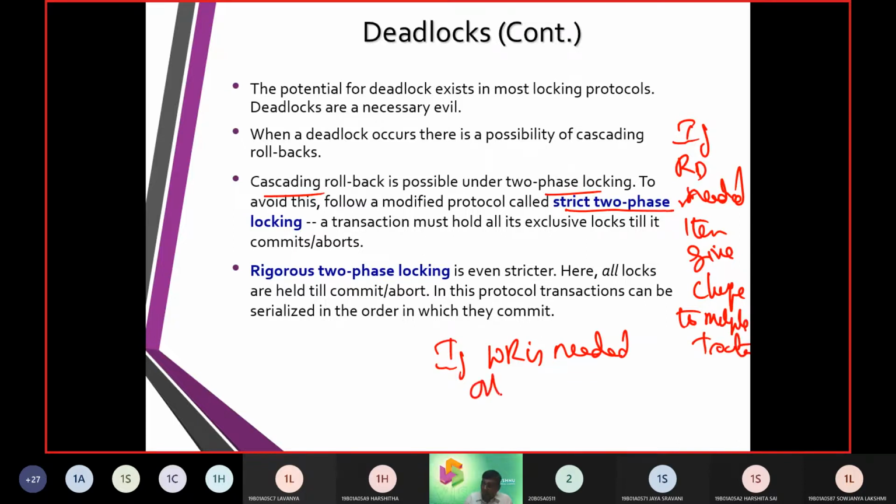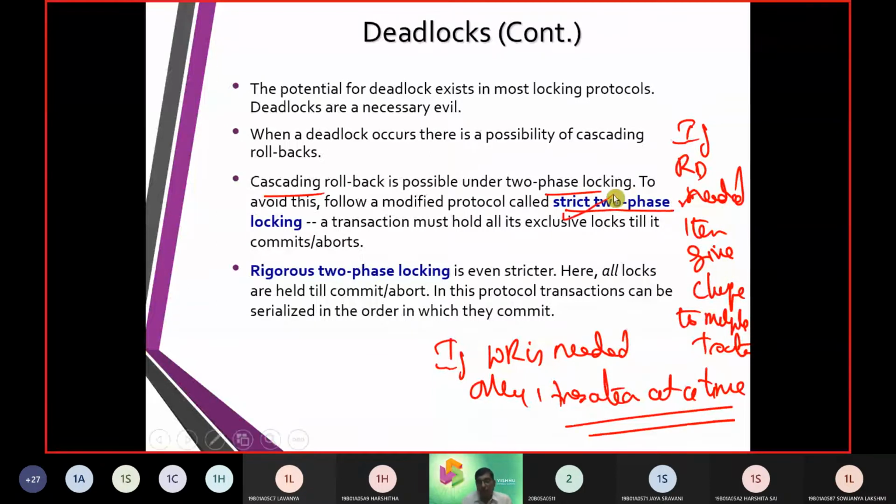If a write is needed, only one transaction at a time. This is the key takeaway we need to understand. That's strict two-phase locking. In strict two-phase locking, if you want to do a write, only one job at a time. Then we say it is strict two-phase locking.